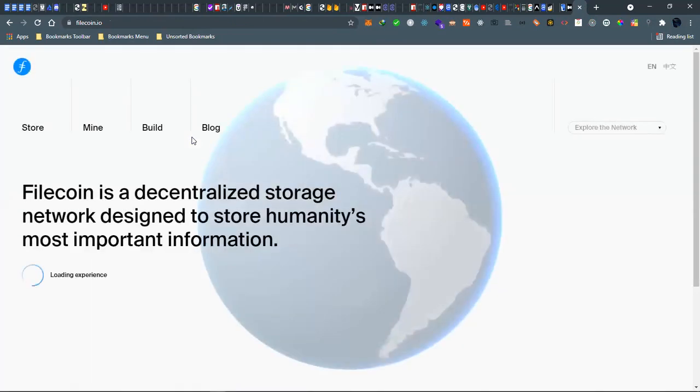This is the website for Filecoin. It's a decentralized storage network designed to store humanity's most important information.